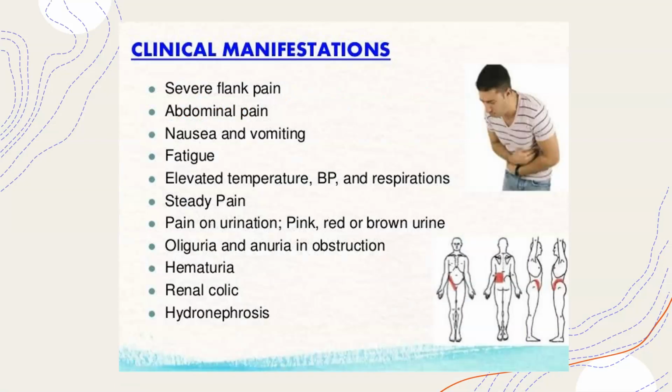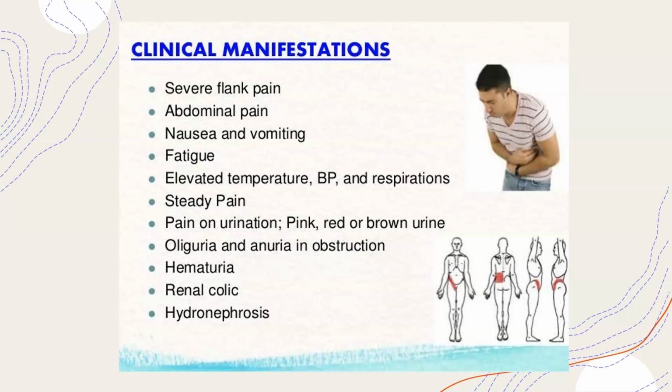So once the stones are formed, the clinical manifestations in the acute type of pain could be severe flank pain, abdominal pain, nausea and vomiting, fatigue, elevated temperature, BP and respirations, steady pain, and pain on urination, and the urine color could be pink, red, or brown.